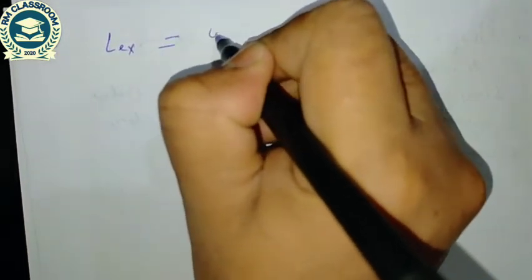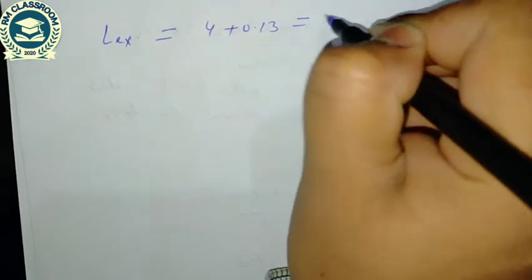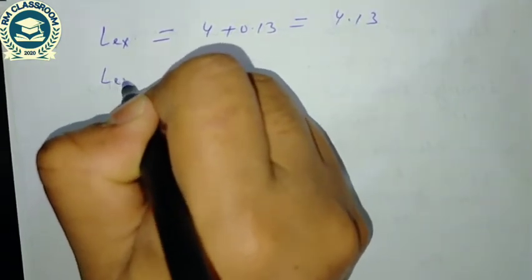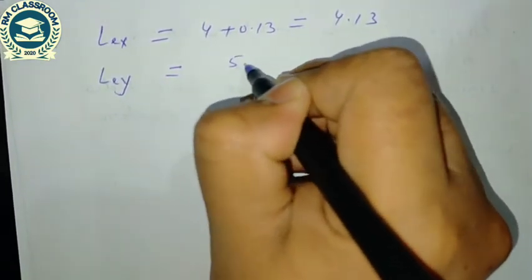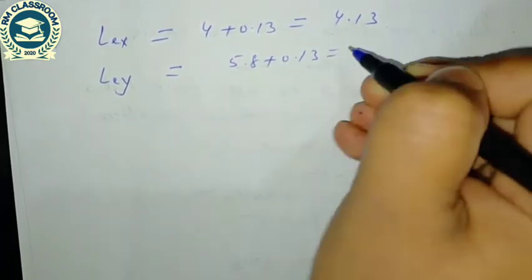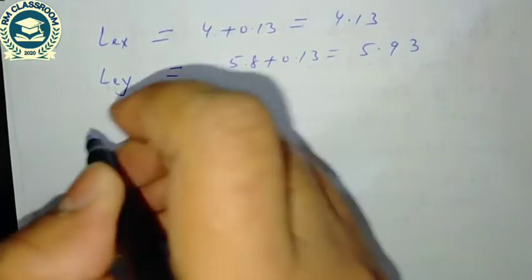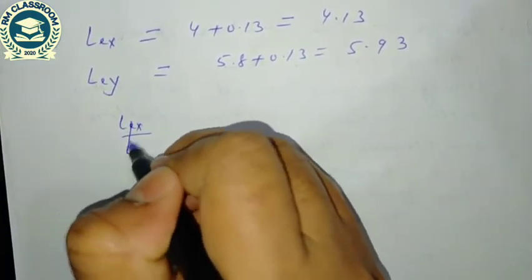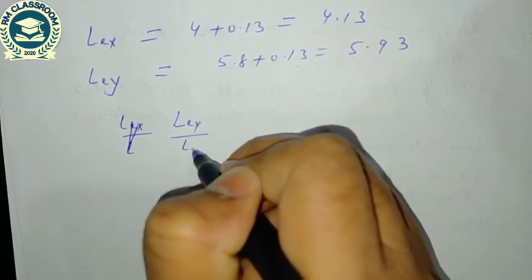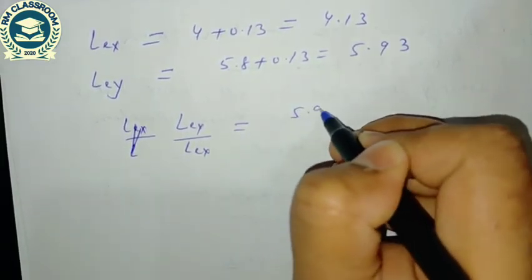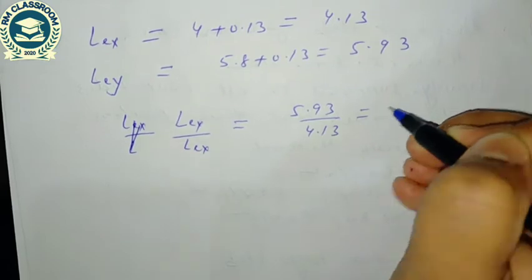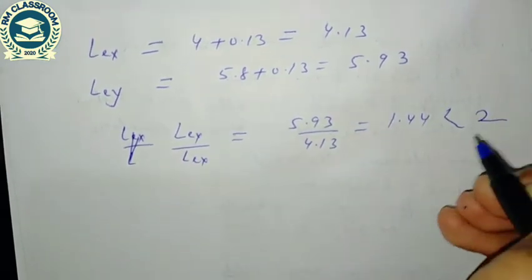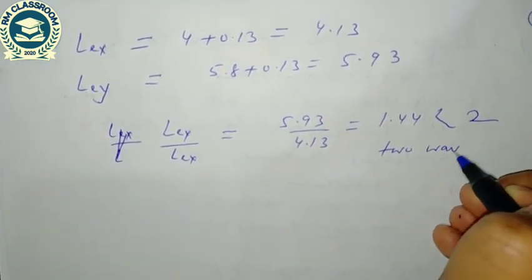So effective span in x direction is 4 plus 0.13, so it is 4.13, and effective span in y direction is 5.8 plus 0.13, so it is 5.93 meter. So once we check, it is 5.93 divided by 4.13, so it is coming 1.44, less than 2, so it is a two-way slab.